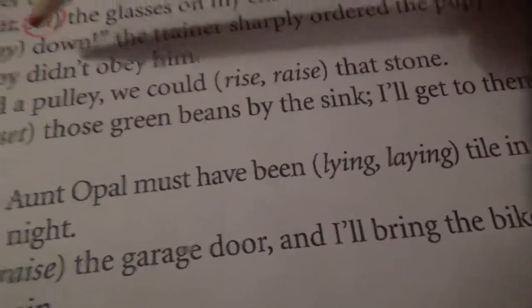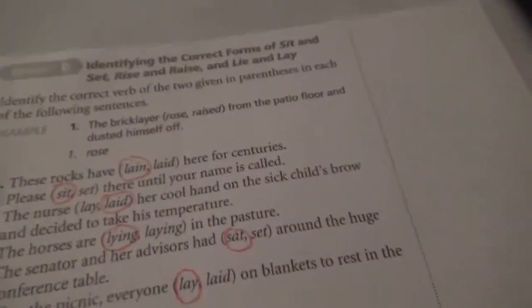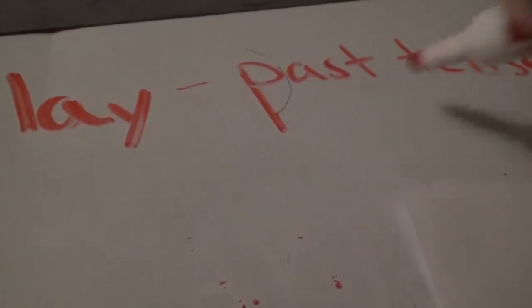So it's lie down. So the word lay is probably one of the things that's going to be the most confusing, because lay has two uses. Lay is the past tense of lie, meaning to rest or recline. So when used in the past tense, if you're using lay, you have to be meaning to rest or recline.